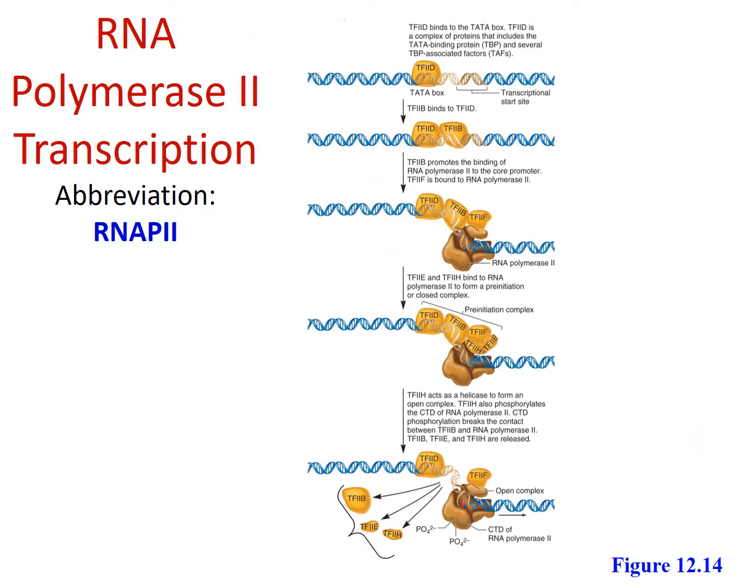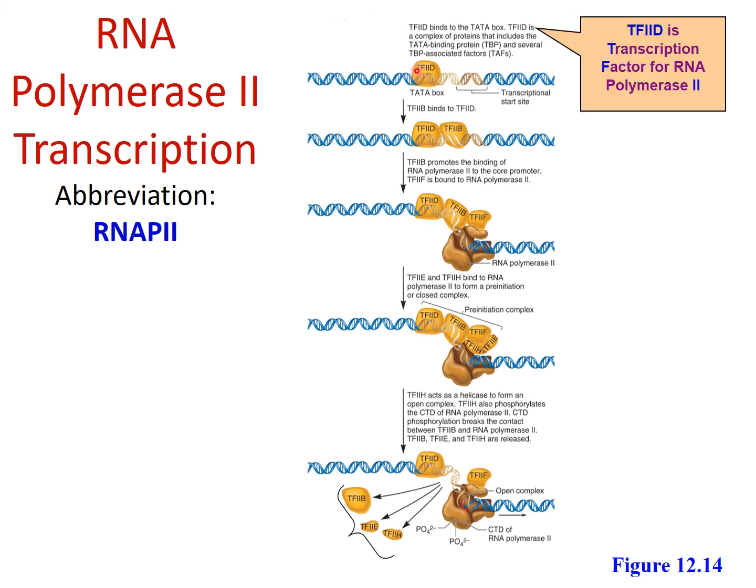Okay, so transcription initiation in eukaryotes is slightly different. First thing I want to mention is that I'm going to start using some abbreviations. RNAP2 just refers to RNA polymerase 2 from eukaryotes. And then we have these TF proteins. For example, TF2D is a transcription factor for RNA polymerase 2.